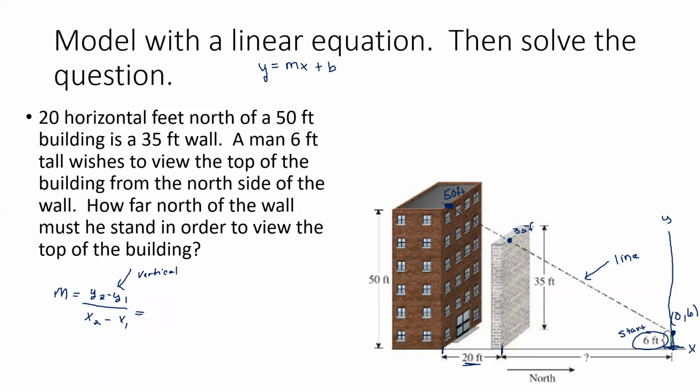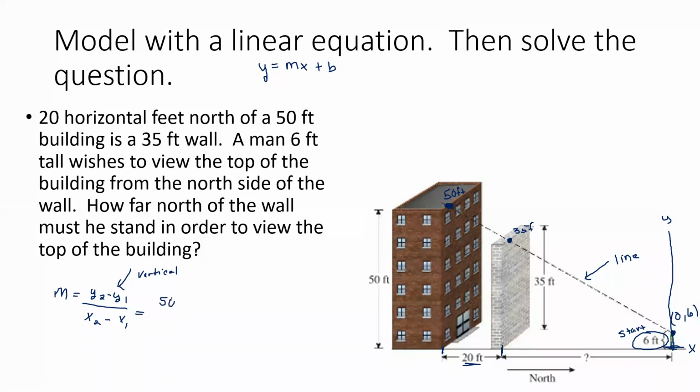So the one that I want to use is from the wall to the building. And the reason why I want to use that is because I'm told that the wall and the building are 20 feet apart. So I also have a corresponding horizontal distance to go with them. Whereas I don't know how far apart the person is from the wall. So I cannot use that in figuring this out.